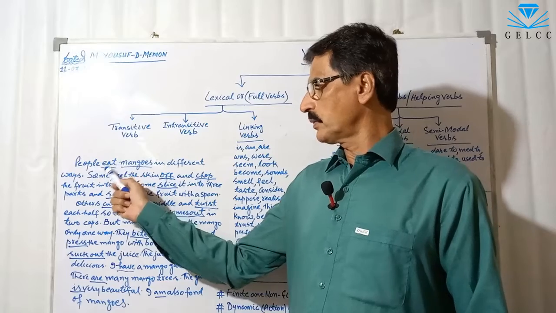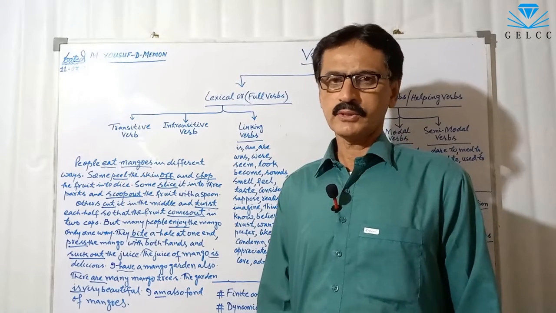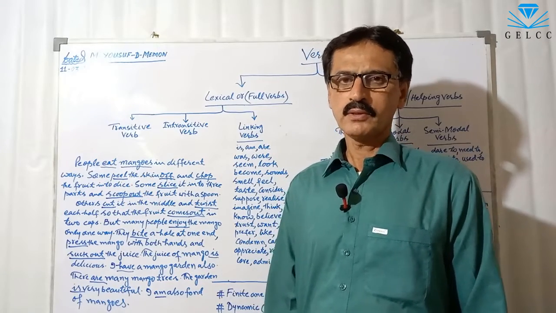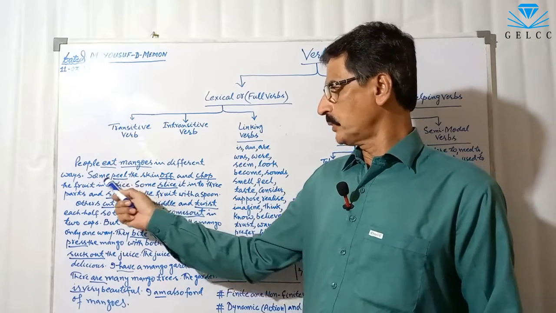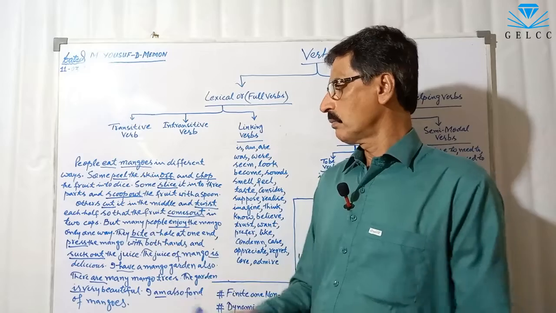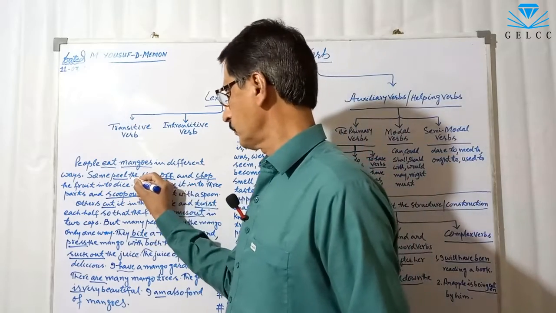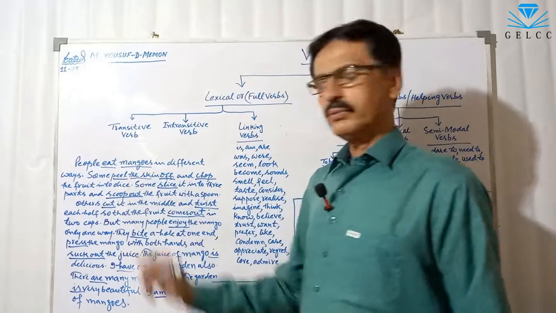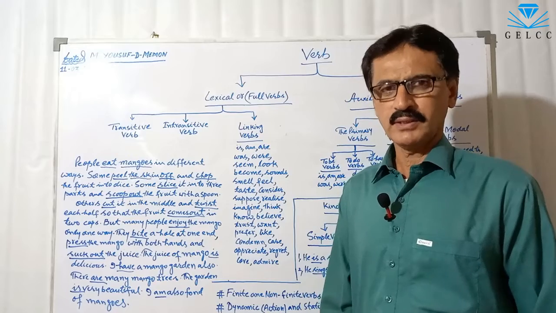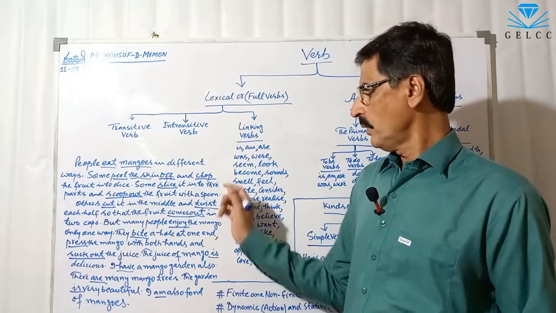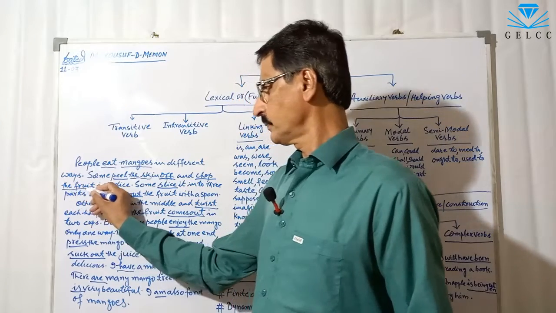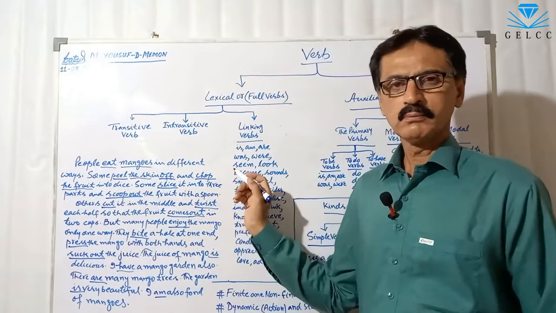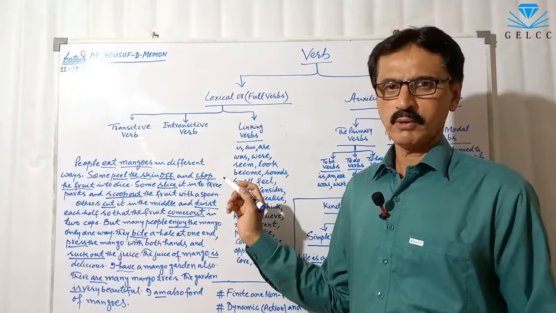This verb eat has an object, so it is a transitive verb. Some peel the skin. The skin is the object, so the verb peel is a transitive verb. And chop the fruit. The fruit is the object of the verb chop. Chop is a transitive verb.